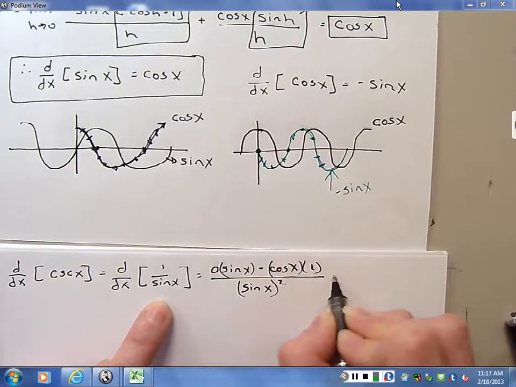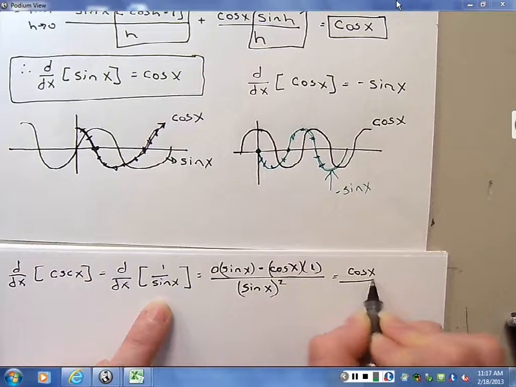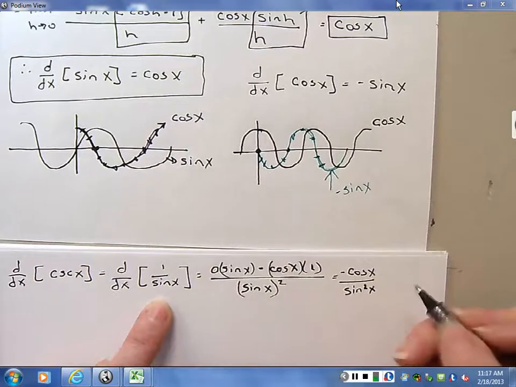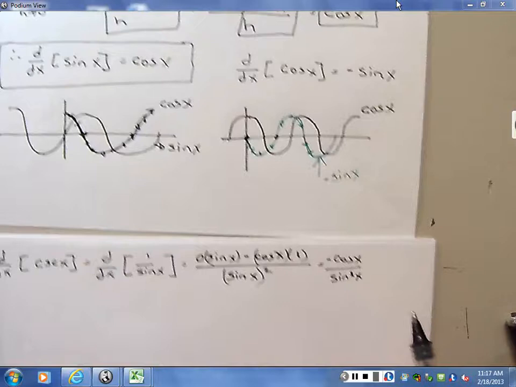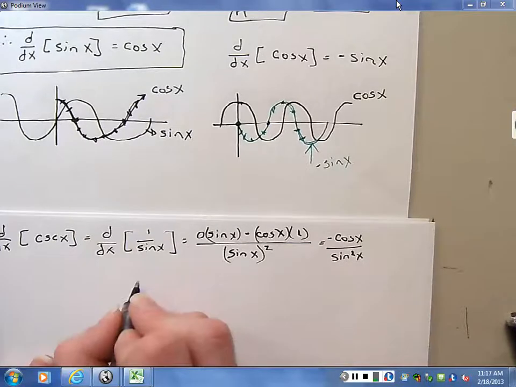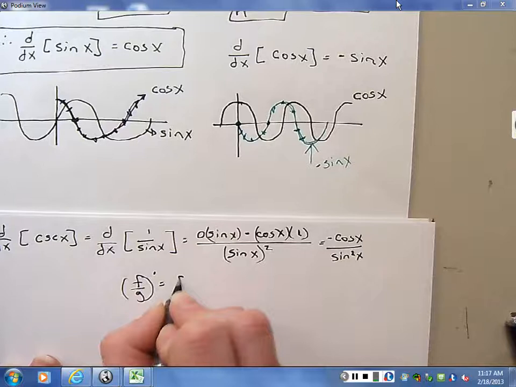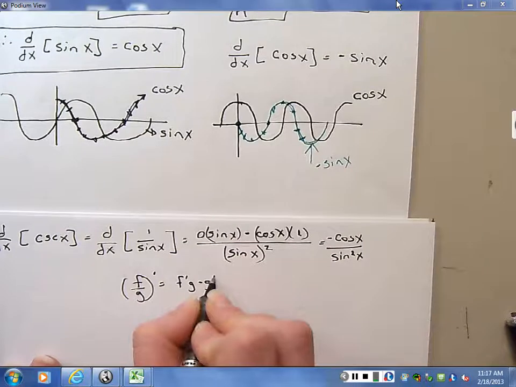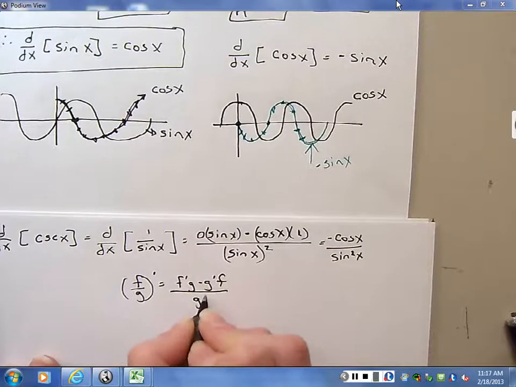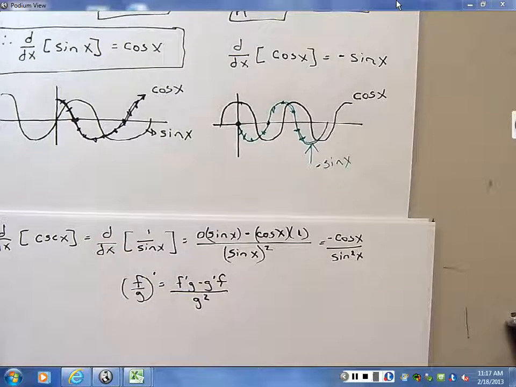So I can rewrite this as negative cosine of x over sine squared x, right? Which rule did you use? Quotient rule. If I have f over g prime, that's f prime g minus g prime f over g squared. I know we didn't learn this too long ago, but being able to apply it here.